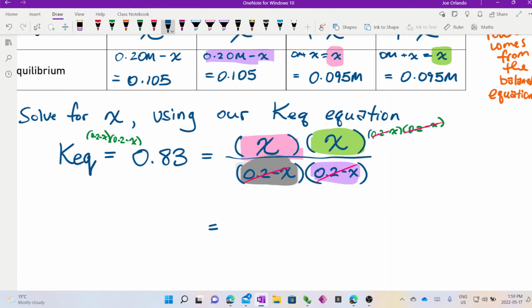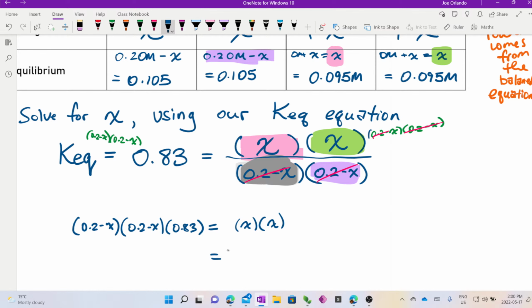Well, this side's easy, just x times, okay, that was easy. And this side, I will still have the 0.83, but now next to it, I will have, okay, now we're going to have to expand. Expand, simplify.